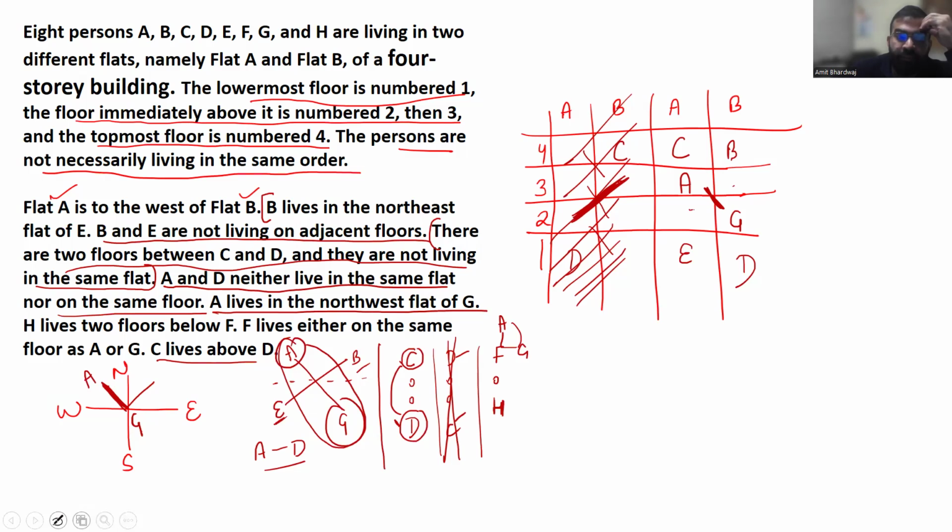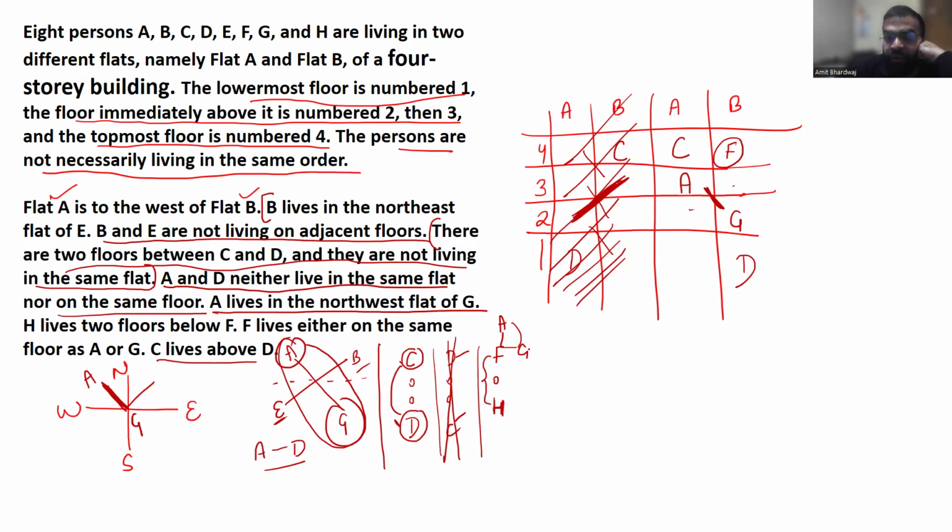But there is one problem again. Before moving with this point, I should consider this point first. H is below F, and there is a gap of one. H lives two floors below F. Means if F is here, then H should be here.